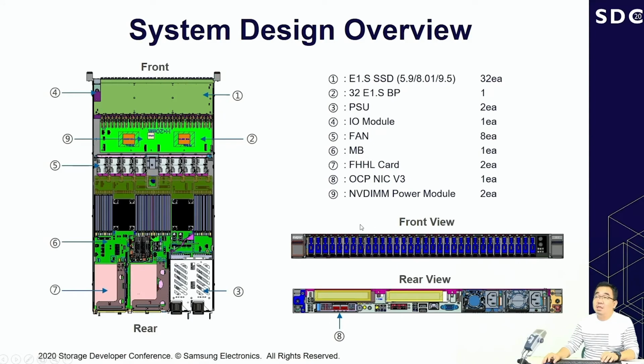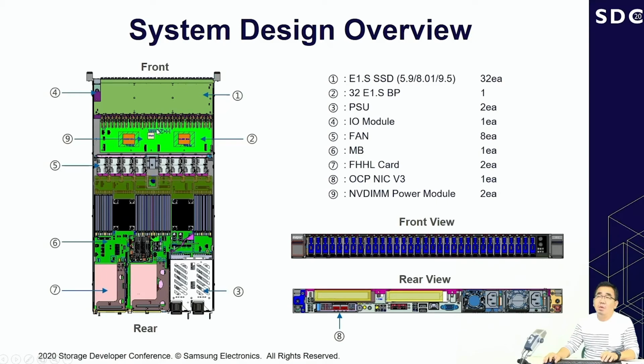So this is an overview of our system design. On the front side of the system, there are 32 E1.S NVMe SSDs, and those SSDs are connected to the backplane by orthogonal connectors.